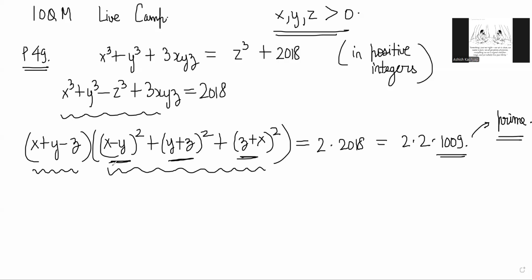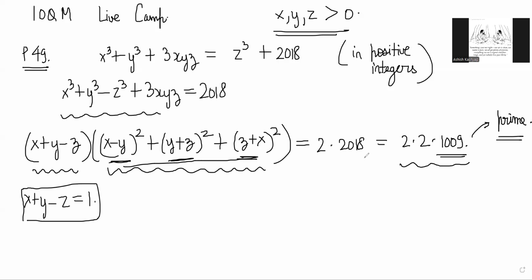Yeah, let's take some cases first, without initially saying anything. Let's take a case x plus y minus z is 1, because the product of two integers has to be equal to this. Let's take this as 1. Then the other thing must be equal to 2 into 2018, right? Correct?